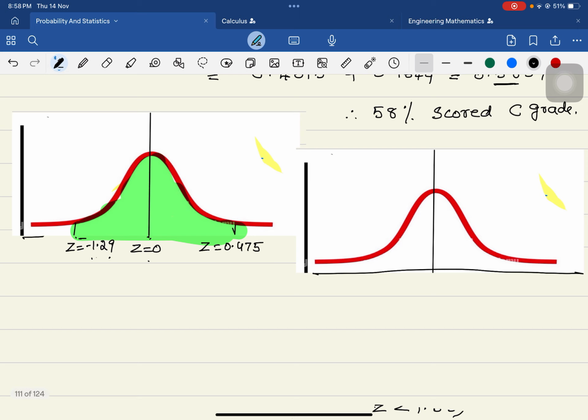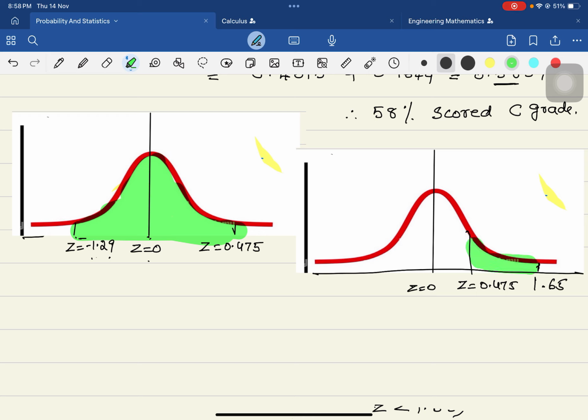This is Z equal to 0, and the values 0.475 and 1.65. Let us take this value and this value and the area covered in between these two.